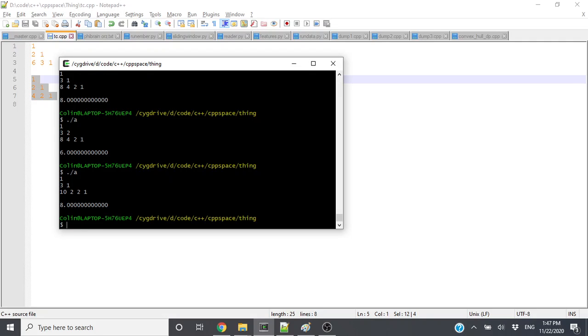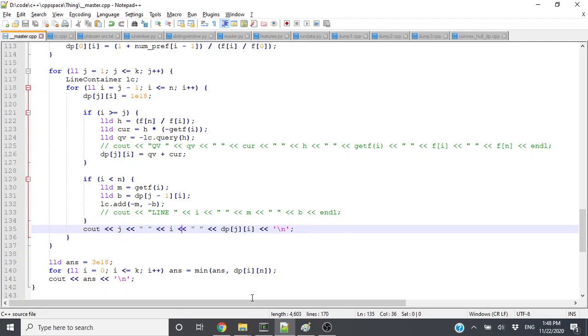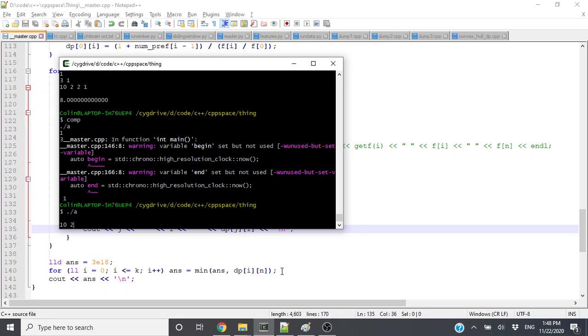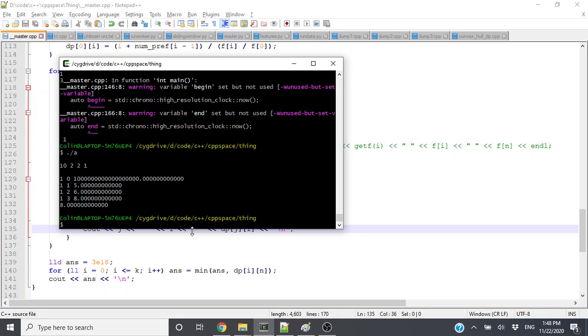Okay, wait, how exactly? Where does it put the thing? It would be 1 plus, how do we get that? I'm not sure if it's correct or not. 3, 1, 10, 2, 2, 1. So that would be 1, then this would be 1 plus 1 over 1/2.